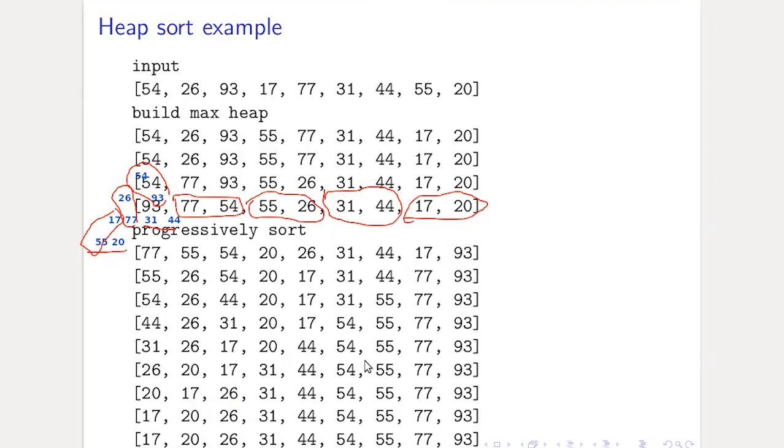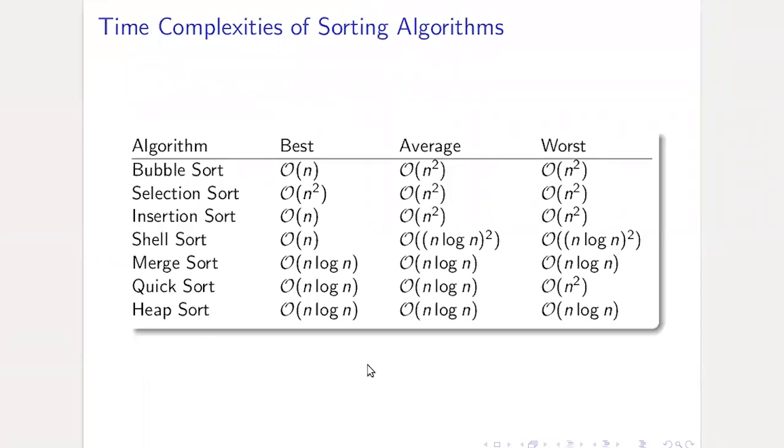Finally, I have a summary of the performance of the algorithms. Let's consider the average cases. You can see bubble sort, selection sort, insertion sort, all three have big O notation based performance values which are the same, but we know that in reality these are only approximations.